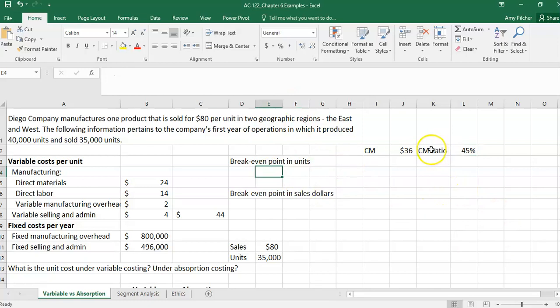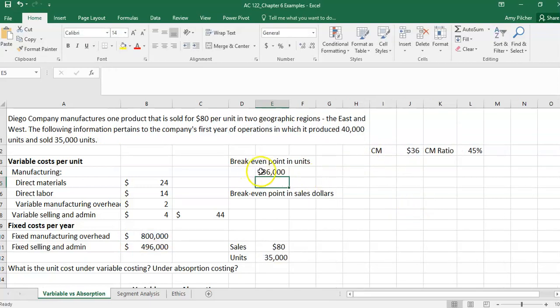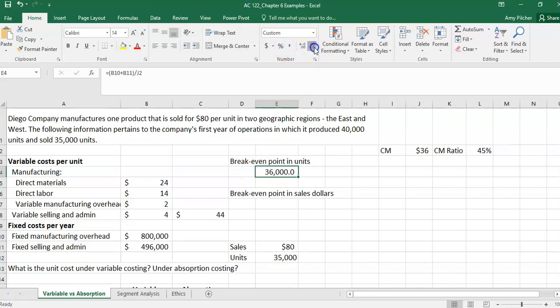So for our break-even point in units, we're going to take our total fixed costs. So we add together our two fixed costs and divide by contribution margin of $36. Our break-even point in units is 36,000 units.